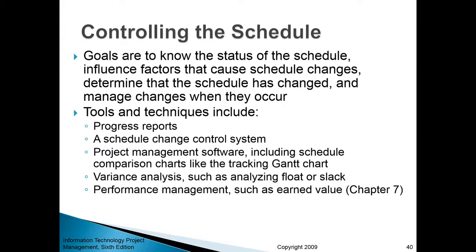Project management software is often used for that, including Microsoft Project, where you can create those schedules and you can also update them if something gets delayed. Also performing variance analysis, such as analyzing float or slack, seeing whether something is delayed or can be delayed, just the overall analysis of your schedule. And also performance management, linking the time dimension to scope and cost. And one of the techniques is earned value management, something that we will cover in detail in chapter 7.